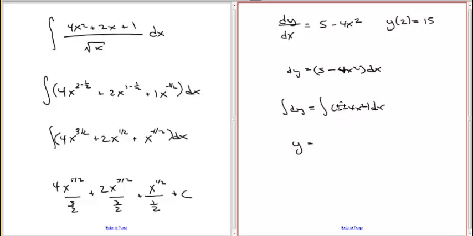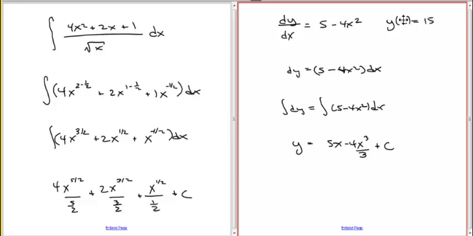So in this case, the integral of 5 is just 5x. The integral of negative 4x squared is negative 4 times x cubed over 3. And I'm doing just an indefinite integral, so I add my arbitrary constant c. Okay, so that's my general solution.